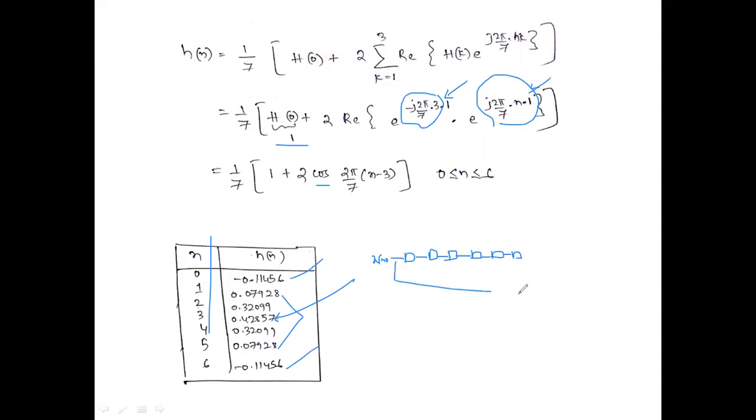Then the first value and the last value, for this you need to multiply by minus 0.114. Then the second value and the second-last value, here also you need to add, then multiply by 0.079.